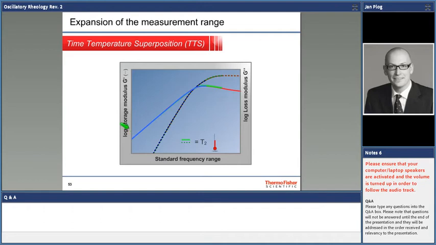So TTS is something that is done a lot. I don't even want to talk about it today; that's a separate topic and a separate presentation. I think later this year we're going to talk about it slightly. It is that you can actually extract molecular weight information from oscillatory data. Remember the slide I showed you: higher molecular weight means you shift the viscoelastic response to lower characteristic speeds.